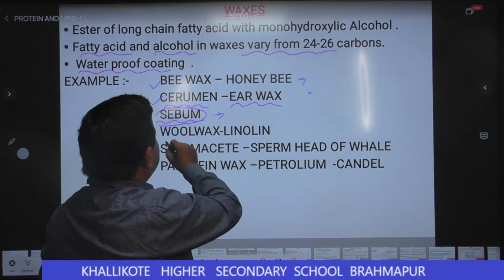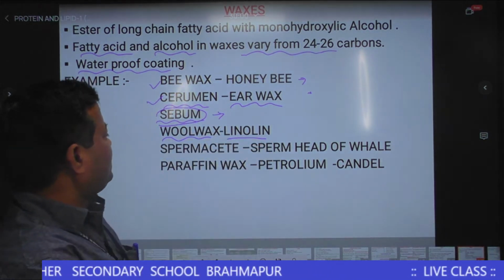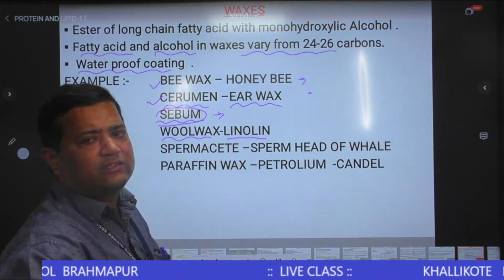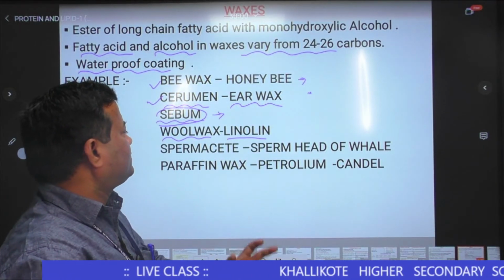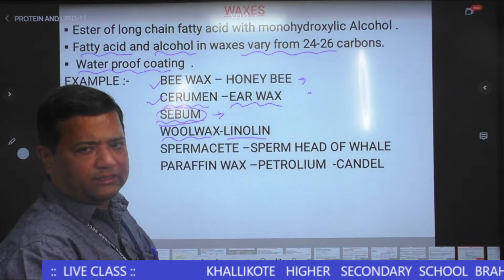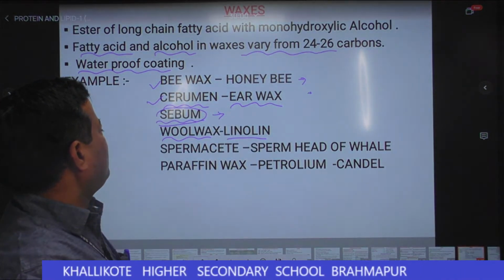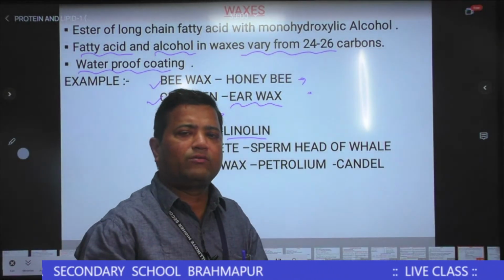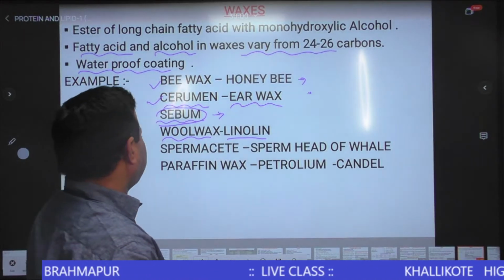Then another thing is wool wax or lanolin. Wool wax is secreted from the cutaneous glands, on the body surface, and it is very much similar to sebum, which is secreted from the sebaceous gland.